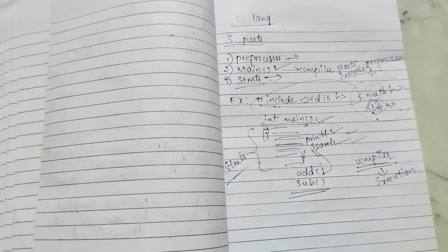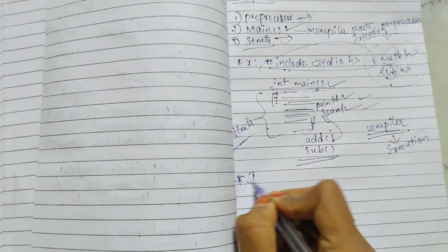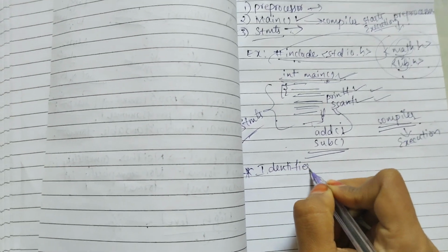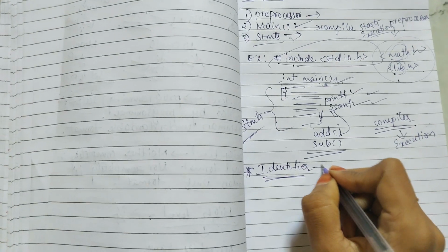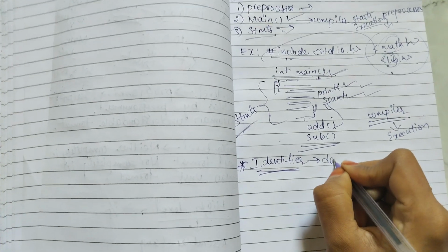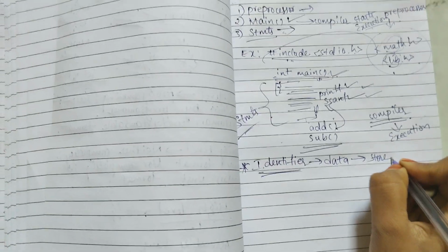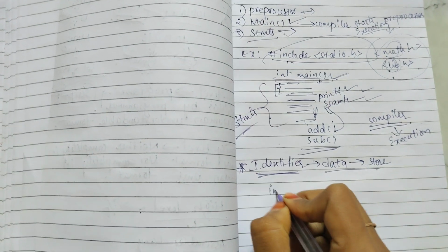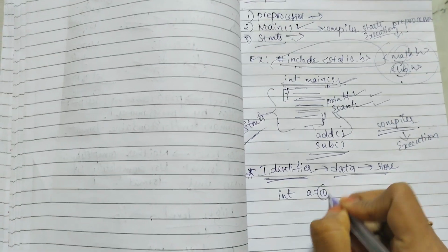We have the next topic, that is identifier. Identifier is also a very important concept. For example, if you have written some data and you want to store that data, how will it be done? Let us see. For example, int a = 10. 10 is the value here.